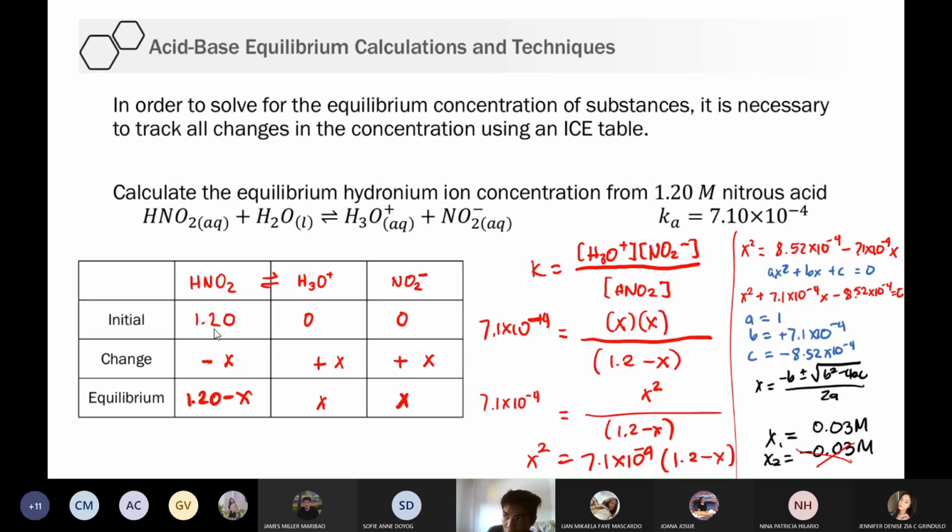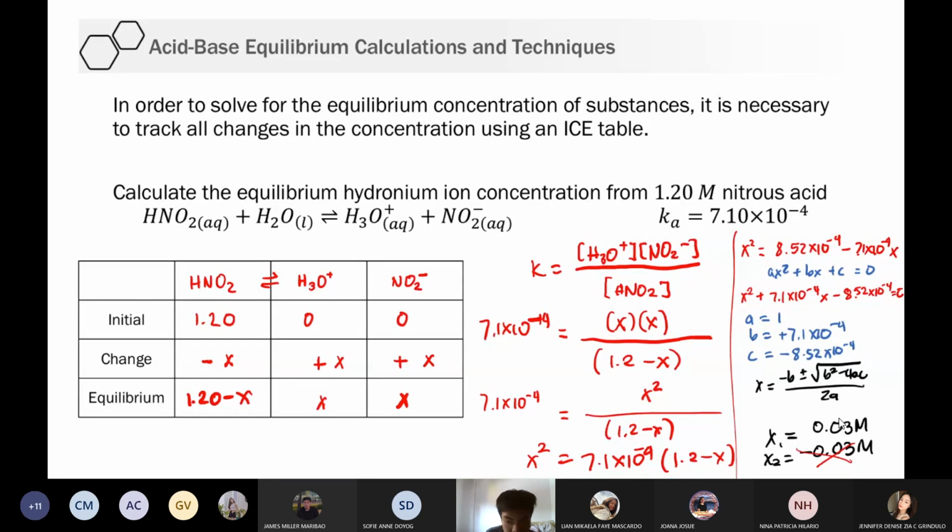O kunwari ito, 1.2. Tapos ang nakuha mo na x doon, 2. Huwag mo gagamitin yon. Kasi when you subtract it dito, pag nilagay mo yung x value na 2 dito, maging negative yung concentration ng HNO2. Again, walang negative na concentration. Walang may utang. Okay? So, ano lang yan? Positive lang dapat yung concentration.